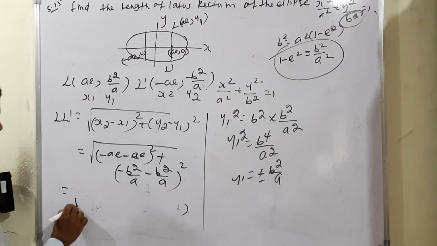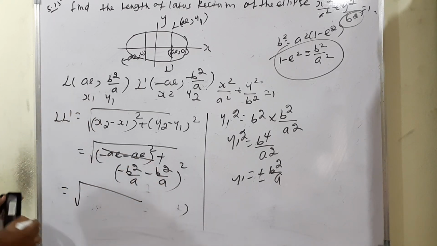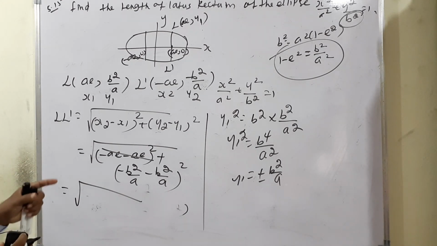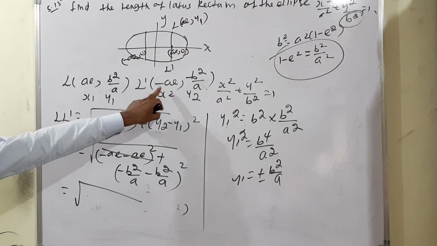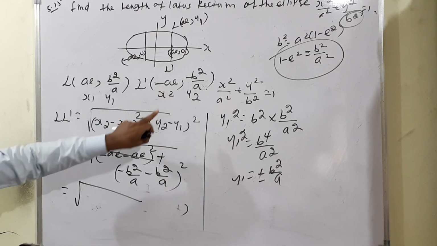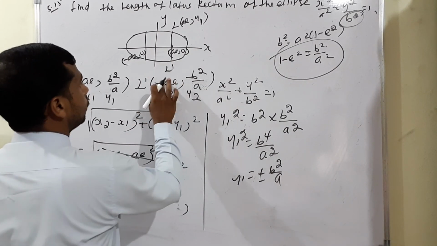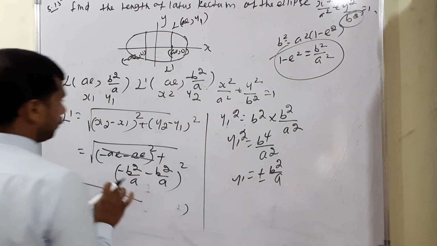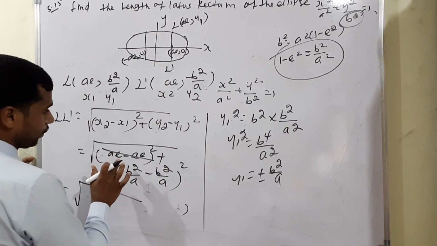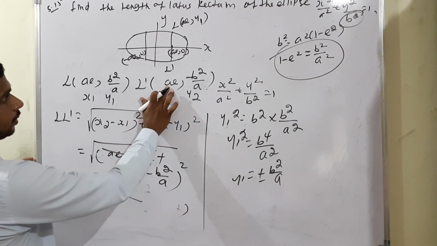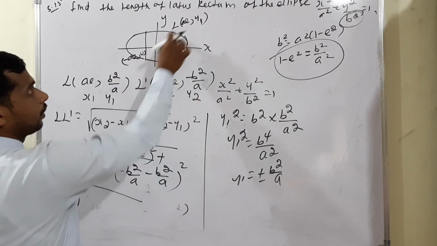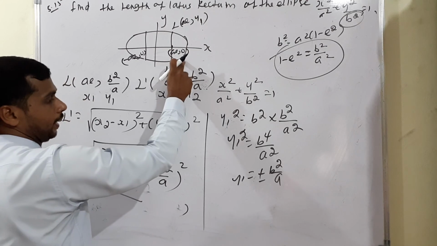The x terms will cancel, since both are positive ae, so x2 minus x1 is zero. Here only positive y1, that is negative y1.